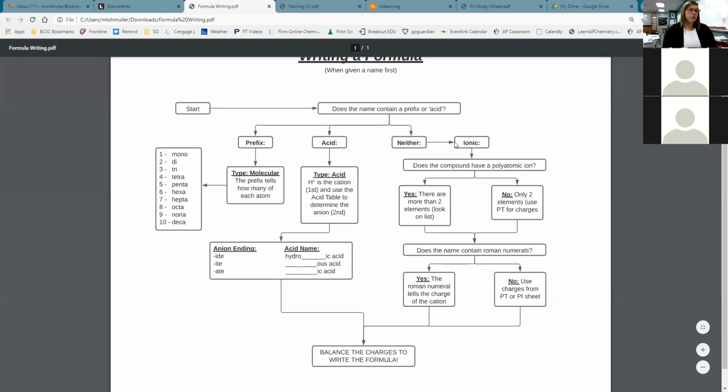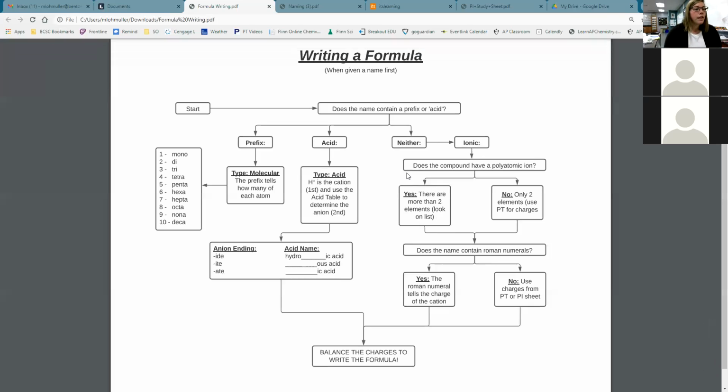Once you determine it's an ionic compound, you have to know, does it have a polyatomic ion? If it does, there's more than 2 elements, so you need the formula from the list of polyatomic ions. And you would know that from the name, like if you had nitrite, or hydroxide, or one of those names from the list.